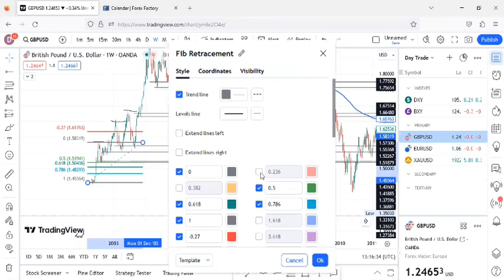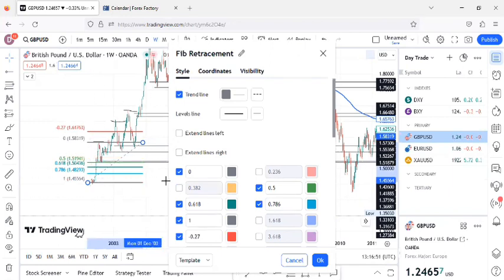At 0.236, you can check or uncheck. If you check it, you can see that it comes there. If you uncheck it, you will see that it goes off the place. Like this 0.382, I don't use it as well. You can see that it has gone if you uncheck it.